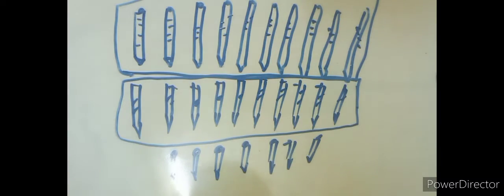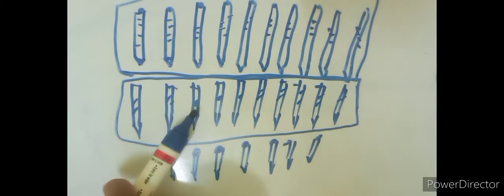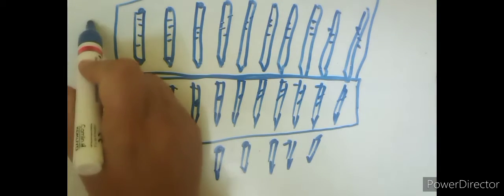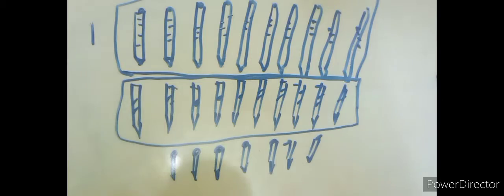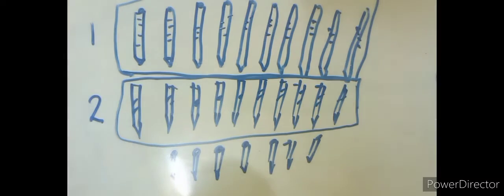Now tell me students, how many groups have I made? Look at here. I have made 2 groups of 10. One group I have made, now 2. I have made 2 groups in a tens place. Okay. मैंने यहाँ पर 2 groups बनाए हैं.